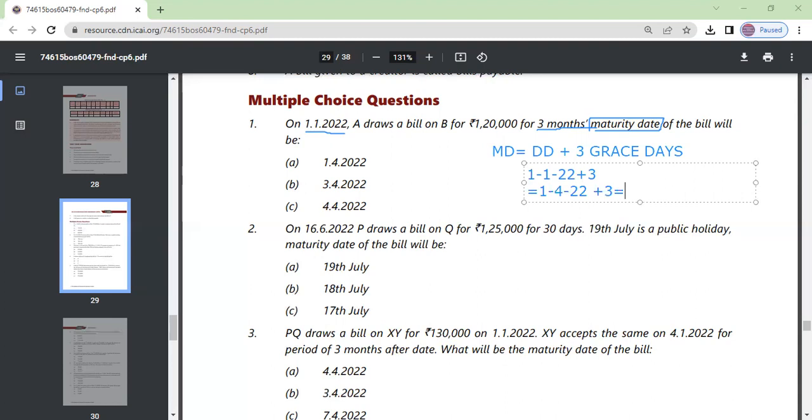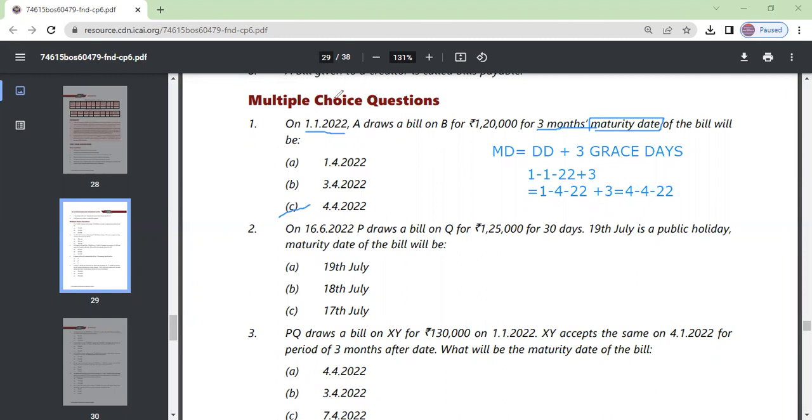From 1st April, 3 days, 1 plus 3, 4th April 2022 is the maturity date. Now select the option. So option C, 4th April 2022, is the maturity date of this question.